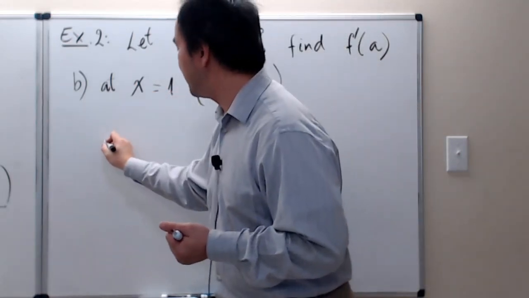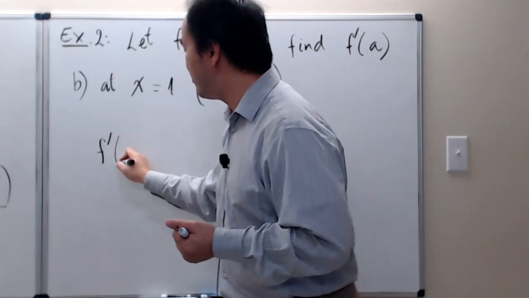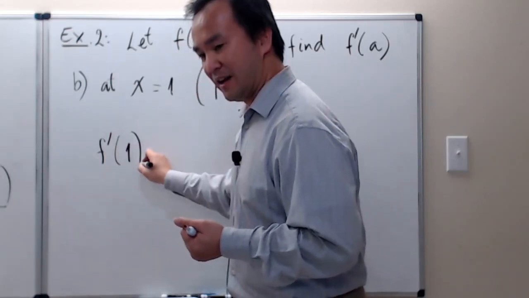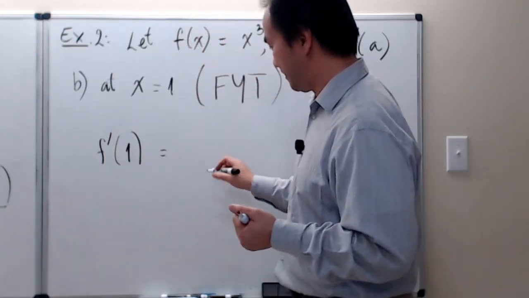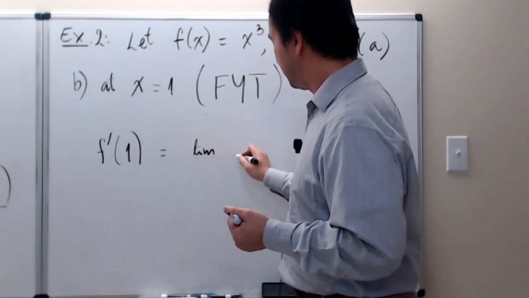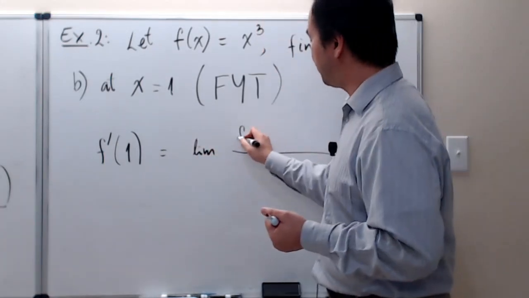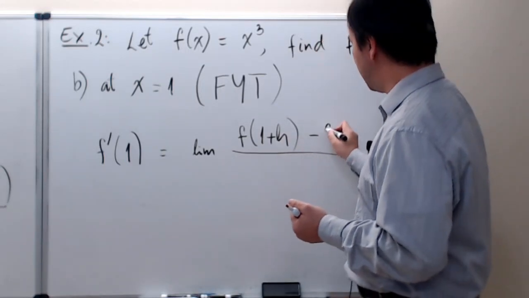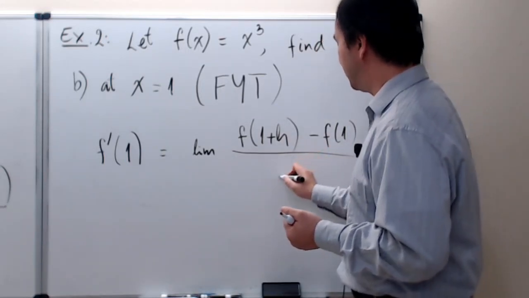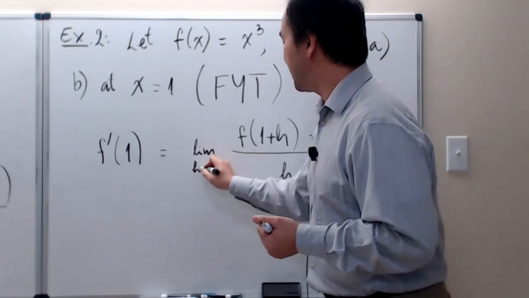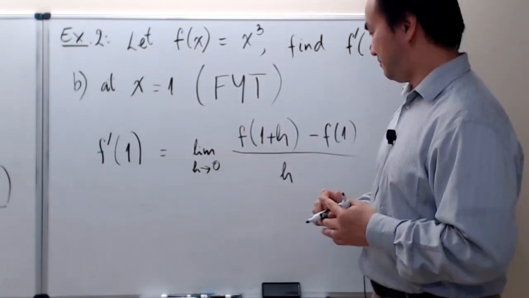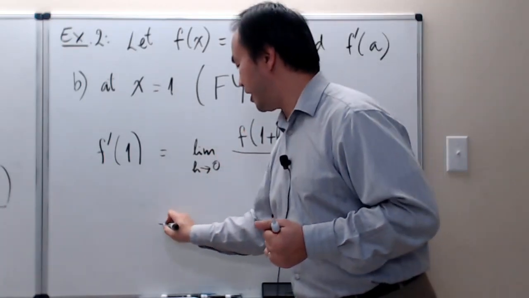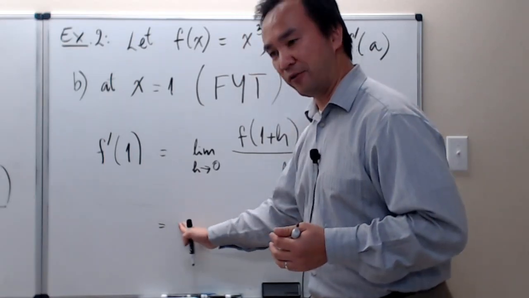So we are finding the value of f prime at 1. I can quickly help you with the starting step again. This is the limit of f of 1 plus h minus f of 1, divided by h, as h goes to 0. That's about the best I can help you with, but I'll be waiting for your own answer.